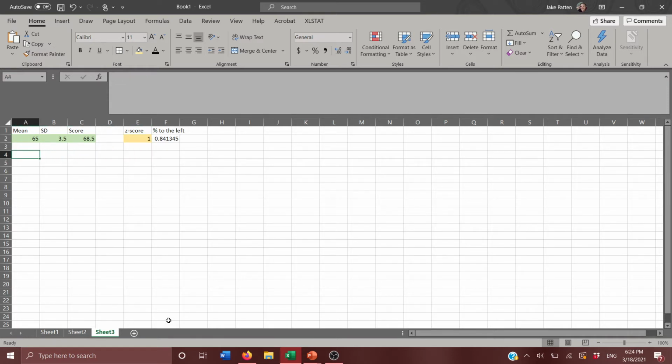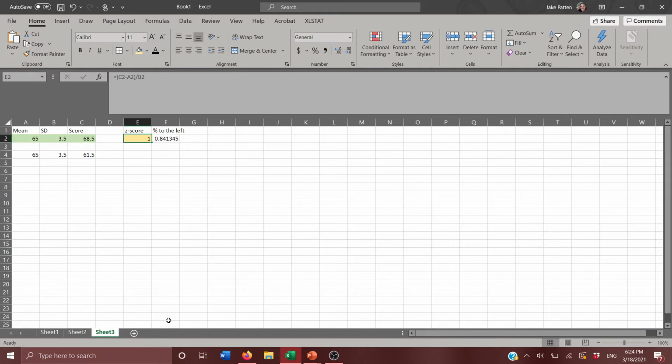So we can do all this again. Why don't we write down 65 is our mean, 3.5 is our standard deviation, and now I have to do mental math to subtract some things. This is 61.5, our score.